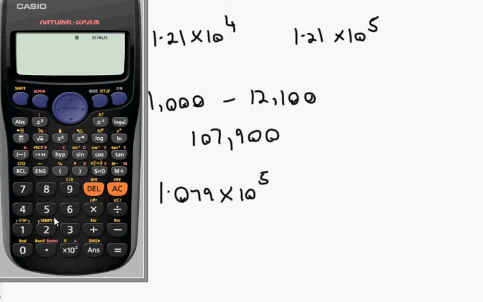Then all you do is enter the question, 1.21, e to the 5, minus 1.21 e to the 4, and look what happens now. It's already done. 1.089 by 10 to the 5.